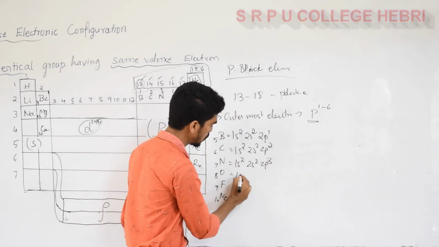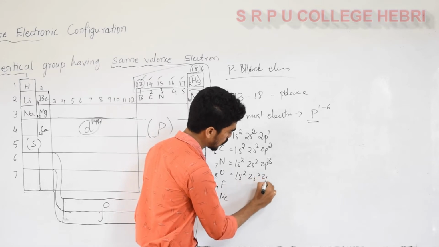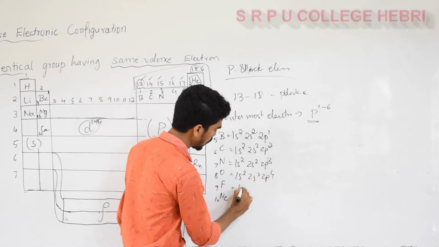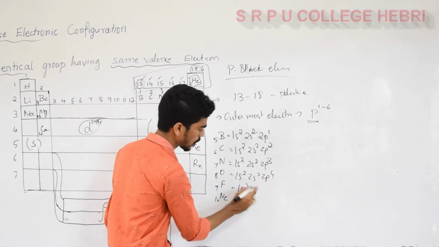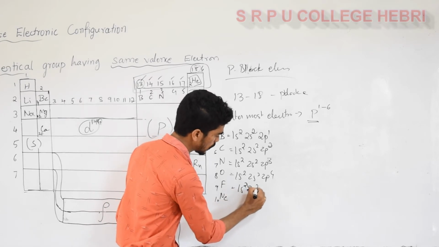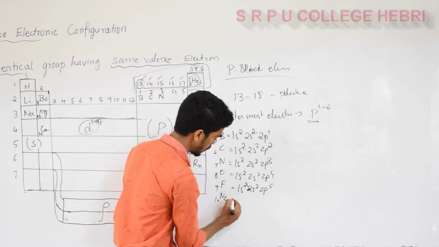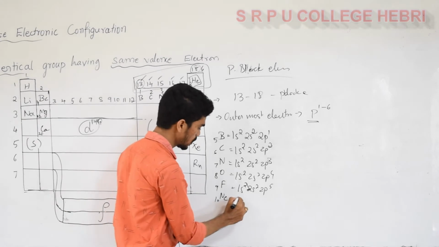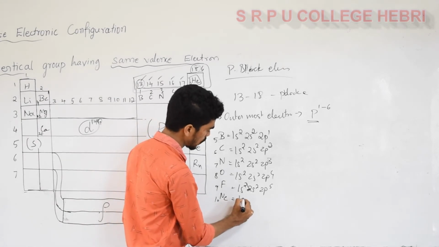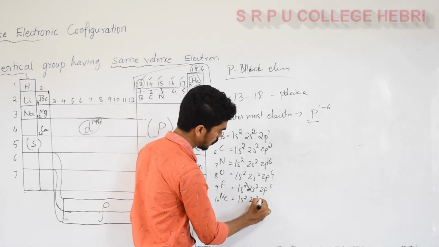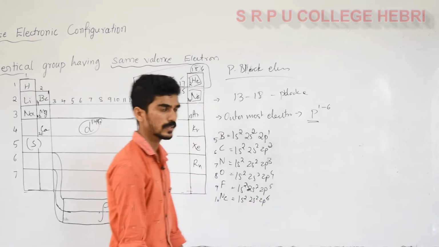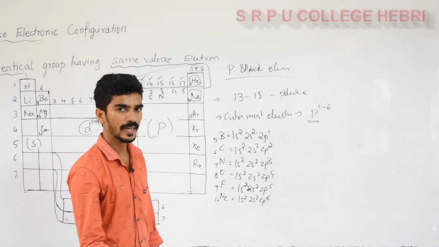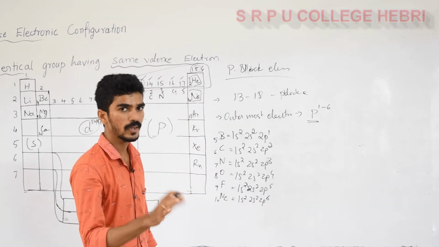Next, oxygen: 1s2, 2s2, 2p4. Fluorine, 9 electrons, write it yourself: 1s2, 2s2, 2p5. And neon is the last element in the P block: 1s2, 2s2, 2p6. Just see the outer electronic configuration, the orbital and the number of electrons.